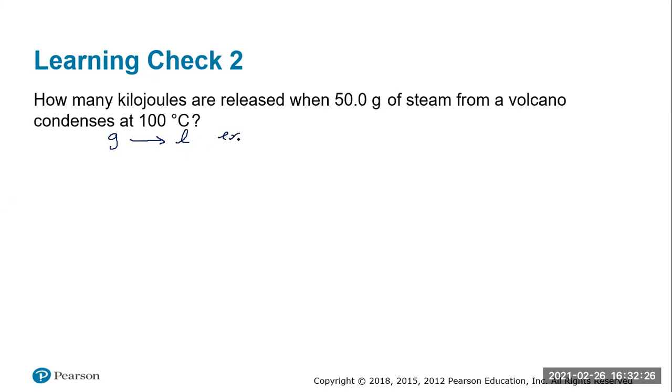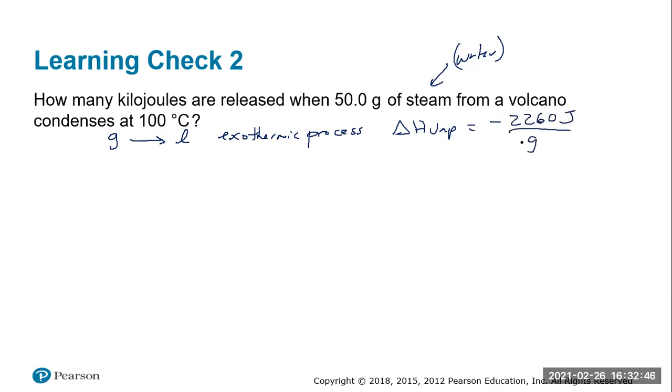That is an exothermic process, which means we are going to use our delta H of vaporization for water. Steam is water. And because of that exothermic, that would be 2260 joules per gram negative.